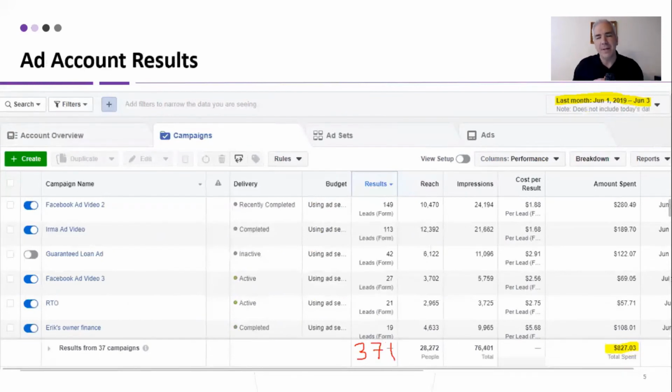Now, the results of what he's accomplishing with this: remember how we talked about how it takes a couple of months to fill up your pipeline and have those people fix their credit and do all that stuff to get ready so that they become a transaction? Well, it's taken a couple of months, but my client is now seeing about 4 to 5 transactions per month from the leads he's generated on Facebook that are in his pipeline.